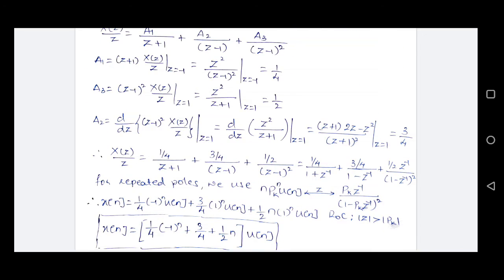Now because the region of convergence is mod of Z greater than 1, for repeated poles we use the Z transform expression of n pk to the power n u of n, whose Z transform will be pk Z inverse divided by 1 minus pk Z inverse whole square.